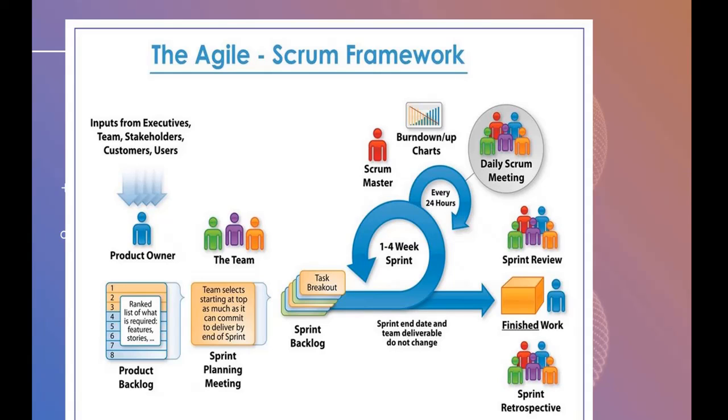And then the next one is the sprint planning. In the sprint planning, the team selects at most as much as it can commit to deliver by the end of the sprint. Sometimes there are questions about what is called team velocity.